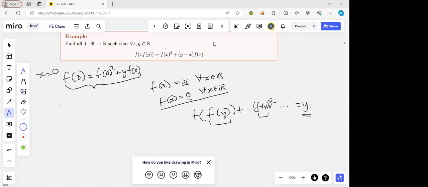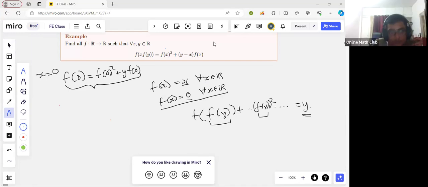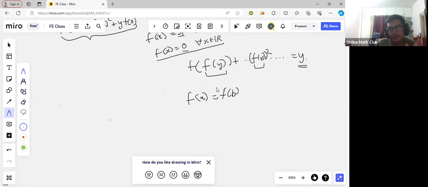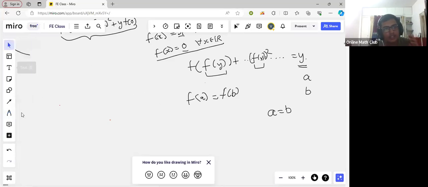The idea is, if you have f of a equal to f of b, then if we substitute a and b over here, the left-hand side is the same thing, so the right-hand side must be equal, so we must have that a is equal to b.